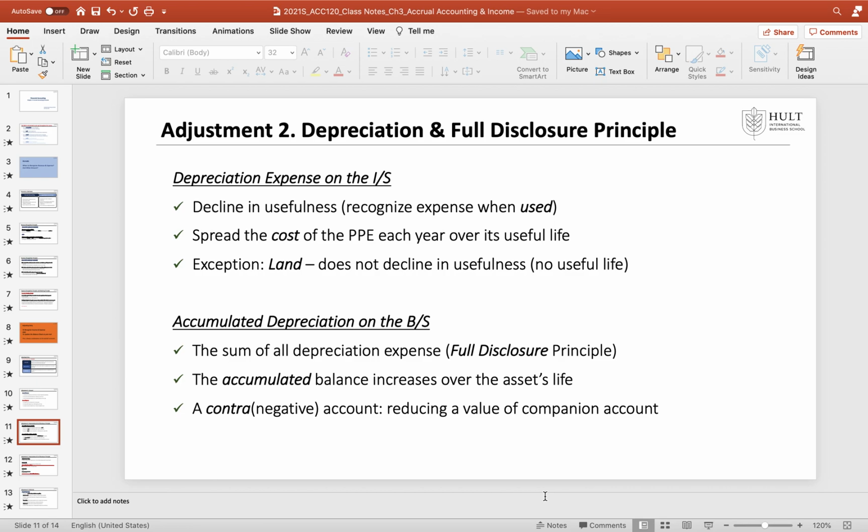This depreciation expense on the income statement is then accumulated in the accumulated depreciation account on the balance sheet. Accumulated depreciation is a contra account that reduces the value of the company account, which is the PP&E.